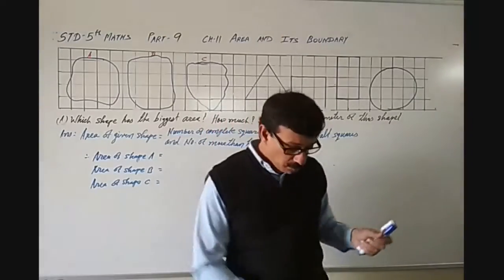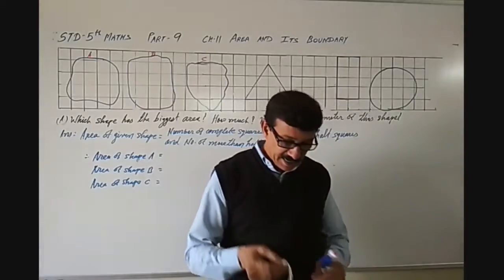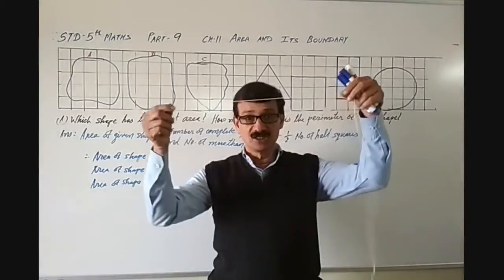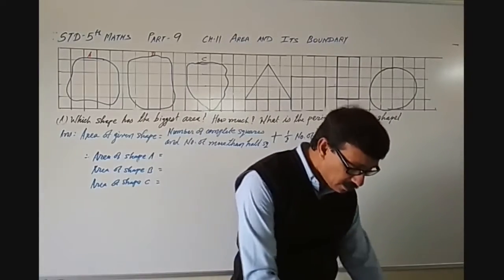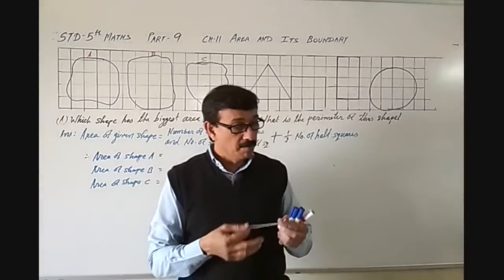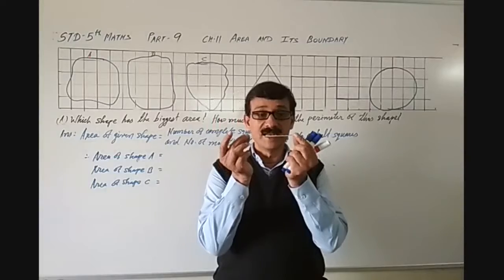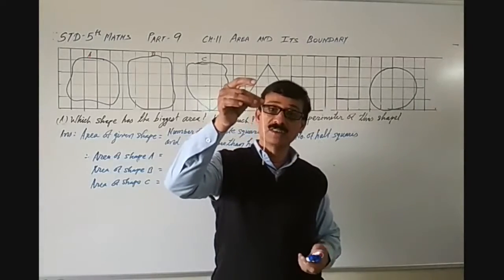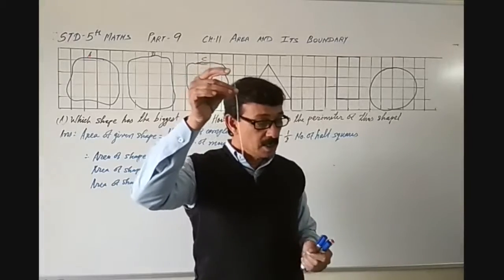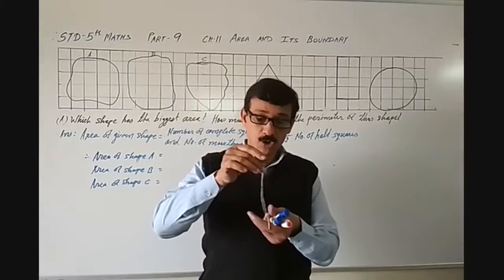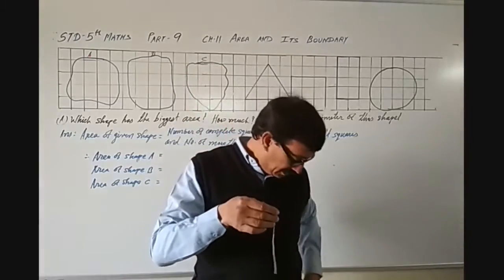Now what you will do, you have to take a thread. Suppose this is the thread. Then you will cut the thread. You have to take that thread of 15 centimeter long. See, it will be something this much big.